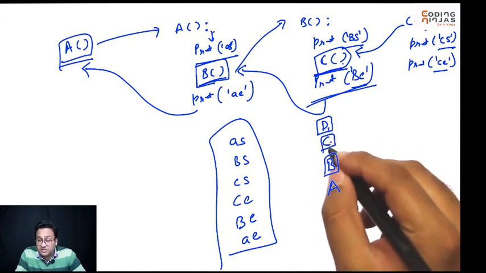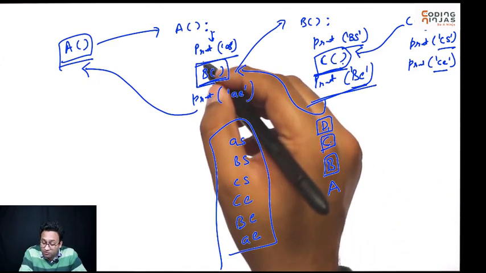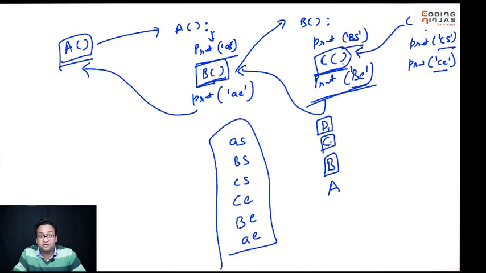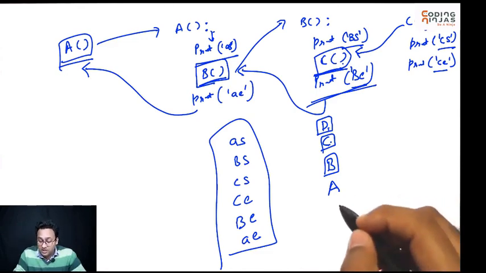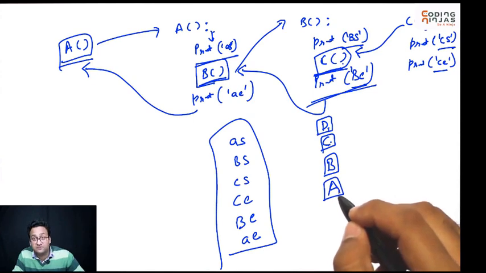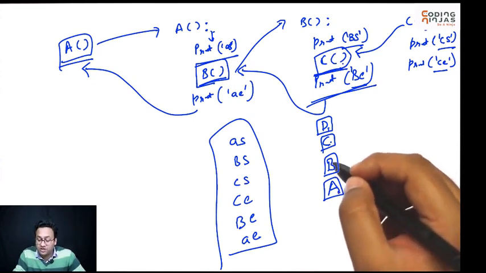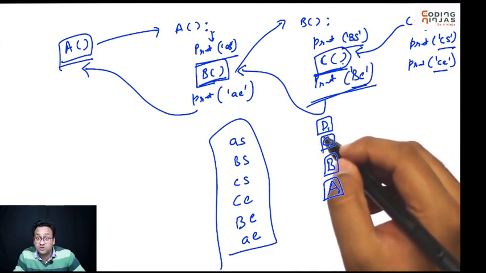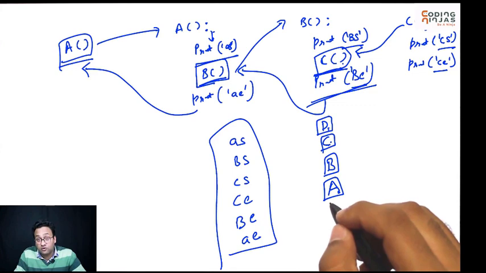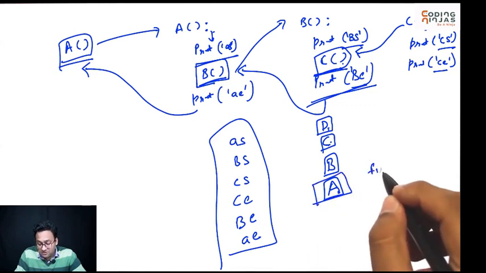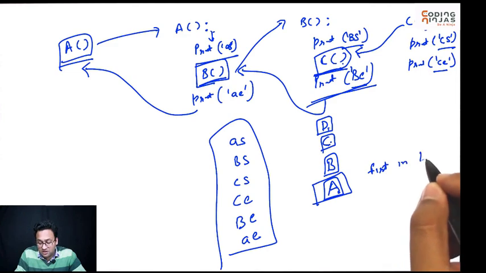B is waiting till the point C is done. And A was waiting for B to be done, B was waiting for C to be done, and so on. A was the first function to be called, and A will be the last function to finish. Because A is going to wait for B, B is waiting for C, C is in turn waiting for D, and so on. So, if you look closely, A came first in, last out.